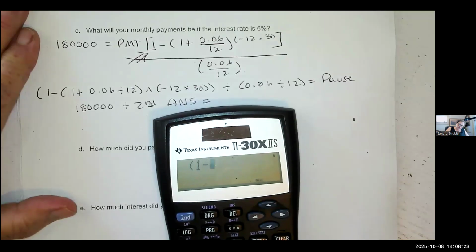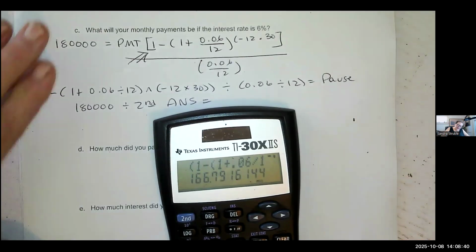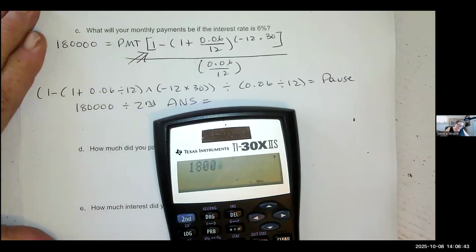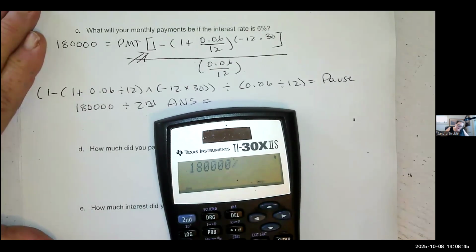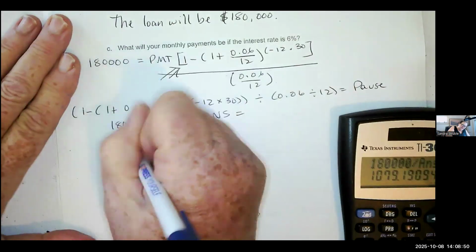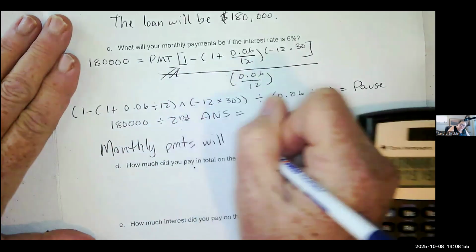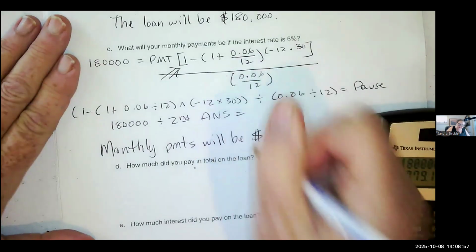Parenthesis 1 minus, parenthesis 1 plus 0.06 divided by 12, close, caret, open, negative 12 times 30, close, close again, divided by open, 0.06 divided by 12, close, equal, pause. Now I have to type in the 180,000, the amount of the loan divided by second, answer equals. So your monthly payments will be $1,079.19.